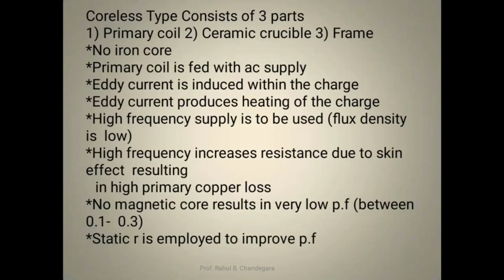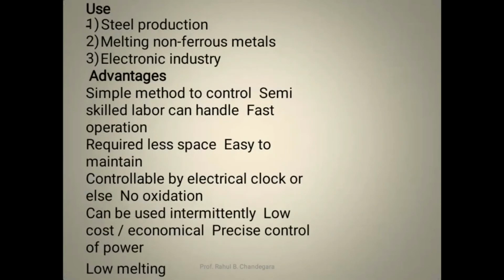No magnetic core results in very low power factor between 0.1 and 0.3. Static capacitors are employed to improve power factor. The main use of this method is the production of steel, melting non-ferrous metal, and the electronic industry.